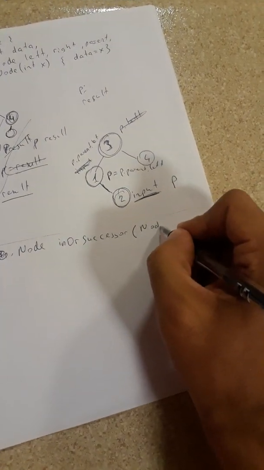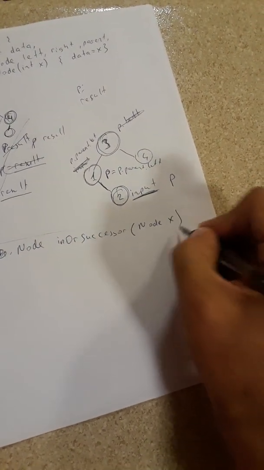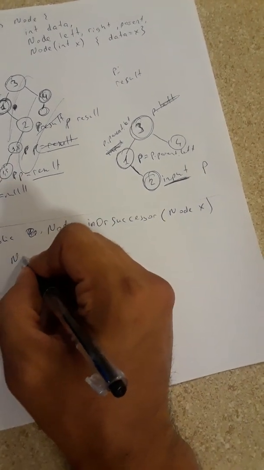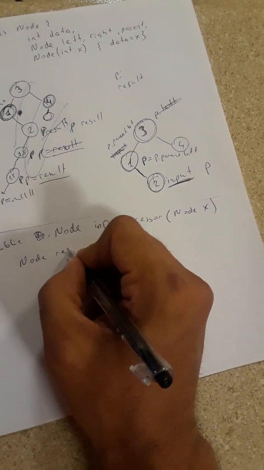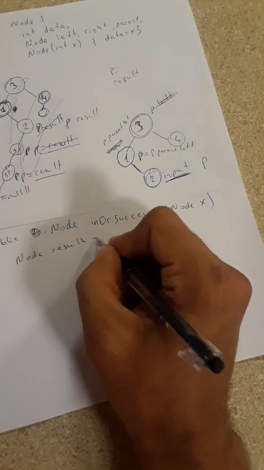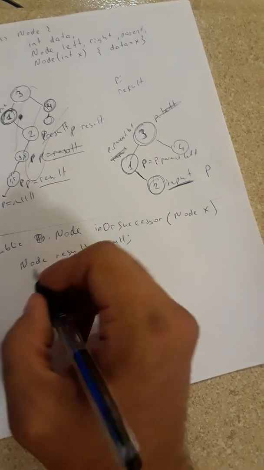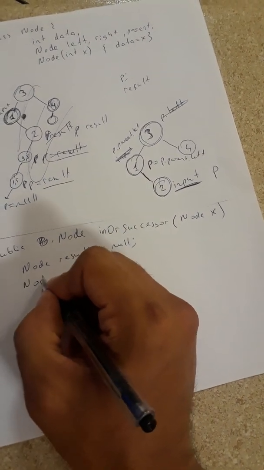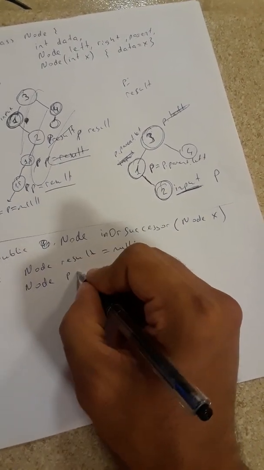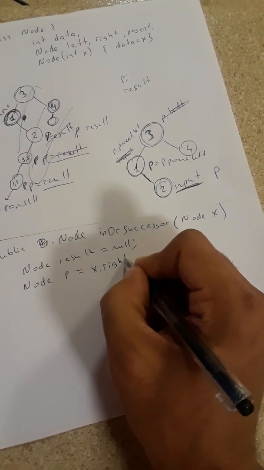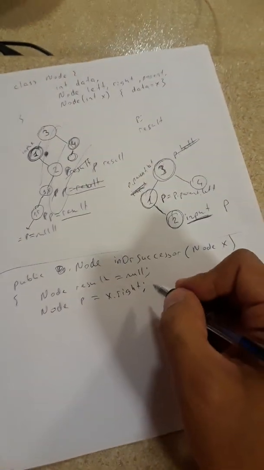We're given just one node, x. I'm declaring one node result, which at the beginning will be equal to null. Then I'm declaring node p, which will be equal to x's right.